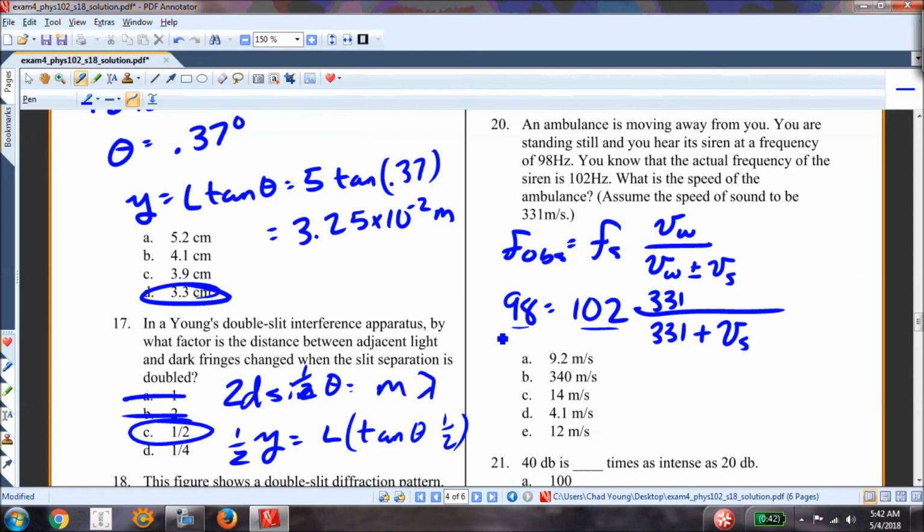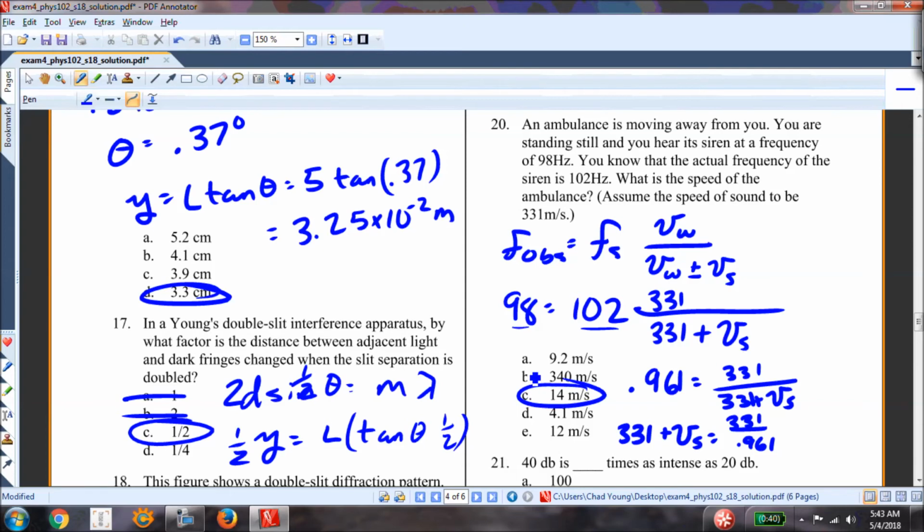And then I solve that. 98 divided by 102 is 0.961 equals 331 over 331 plus Vs. So 331 plus Vs is equal to... 13.4, or yeah, 14 meters per second. Number 20, let me double check that.